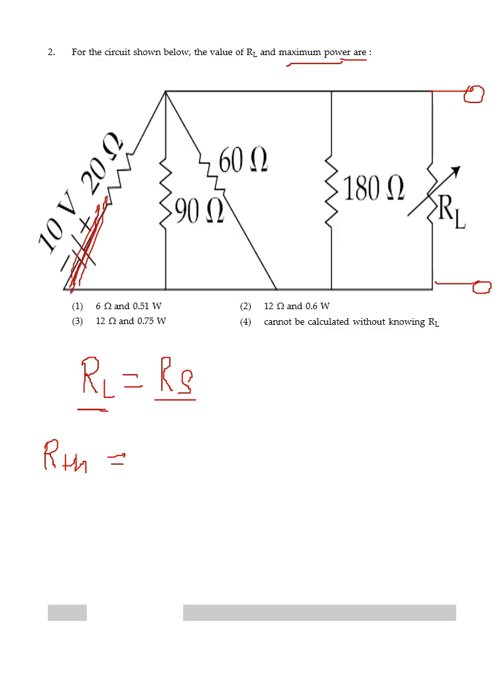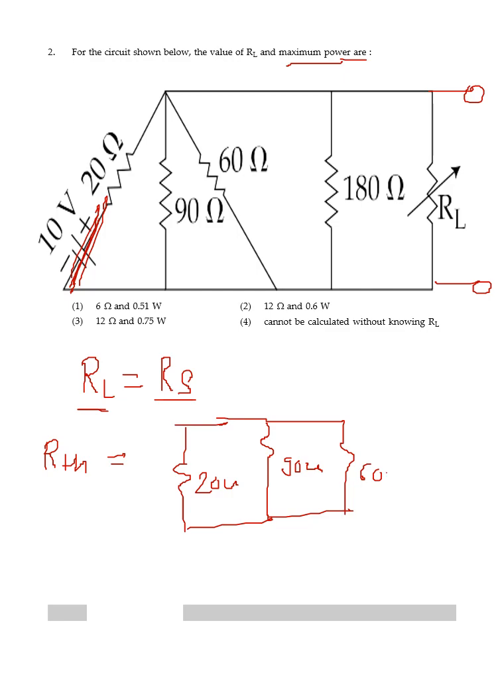Then what we will get is the 20 ohm, then the 90 ohm, then the 60 ohm, and the 180 ohm, right? So what is the equivalent of all these resistances?